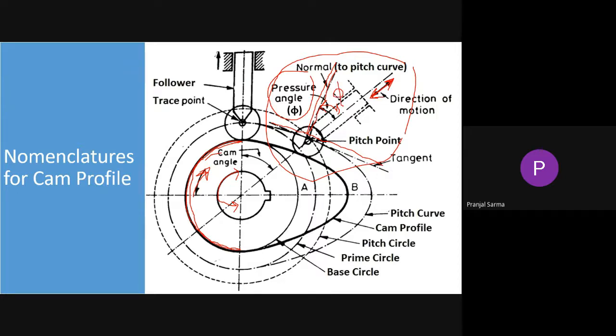And what does it basically represent? Depending on your motion requirement, you are going to design a cam profile, that is, the shape of the working surface of the cam. There will be certain steepness in that cam design.